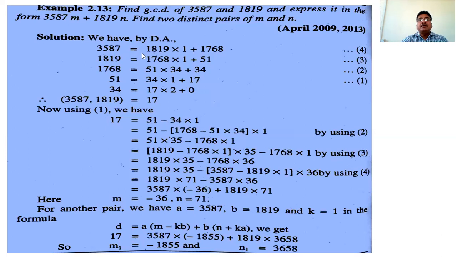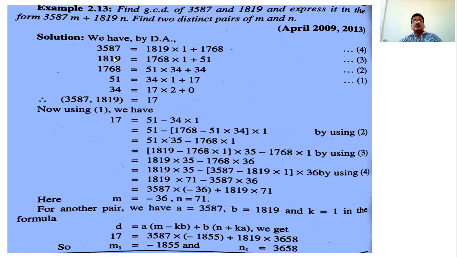By the repeated use of the division algorithm, we will find the greatest common divisor of the given two numbers. This procedure of finding the greatest common divisor by repeated use of the division algorithm is called the Euclidean algorithm. So the question is: find the greatest common divisor of these two numbers by using the Euclidean algorithm.